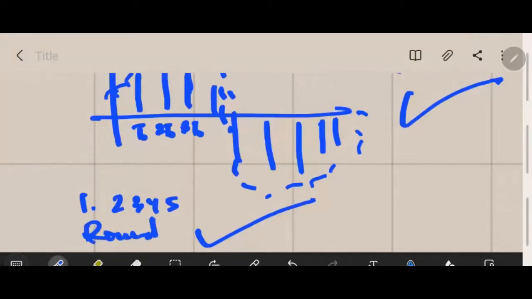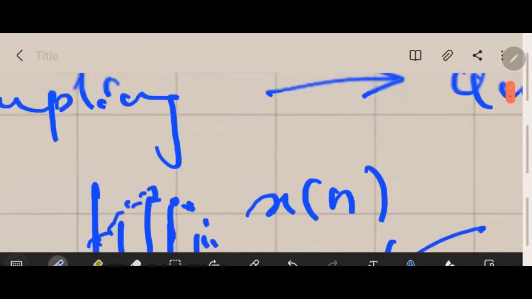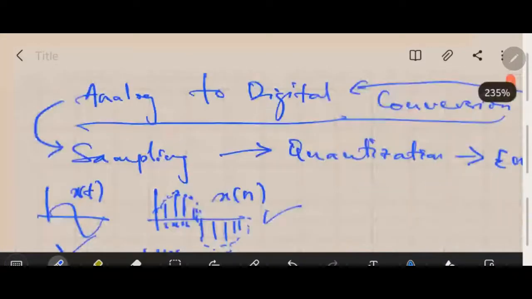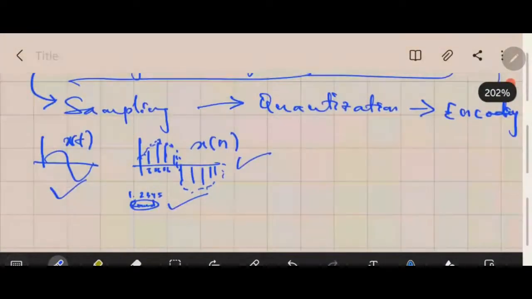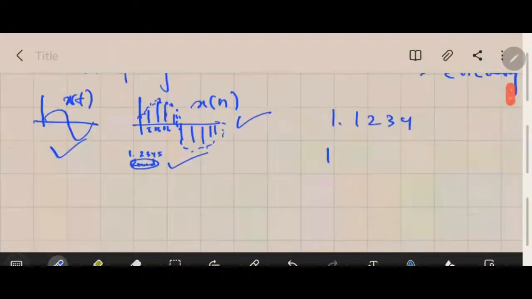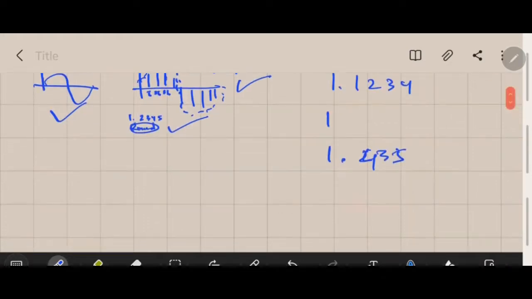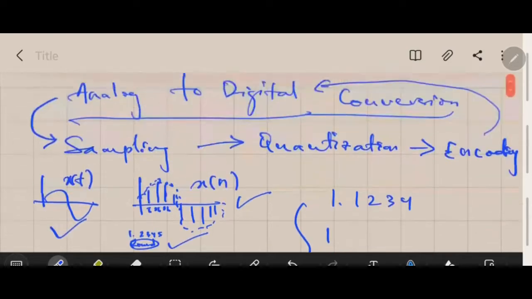That process of rounding is quantization. So if the amplitude is 1.1234, we will round it to 1. Similarly, if the amplitude is something like 1.23435, we could round it to 1.5. In this way, the process of rounding is the quantization.